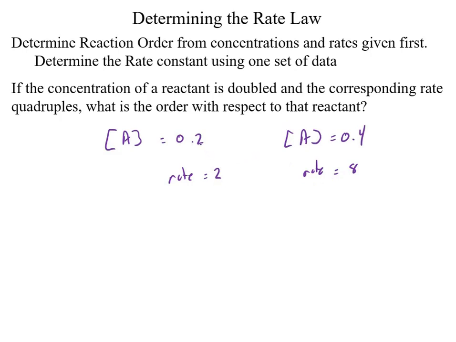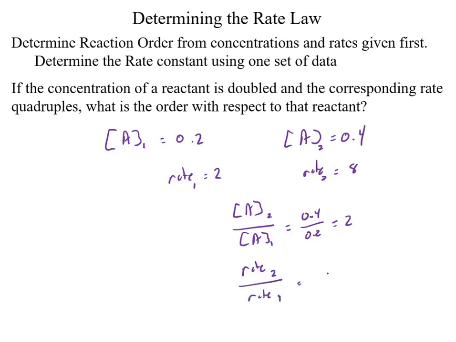Then basically what happened is that the concentration doubled. So, let's say A1 and A2, rate 1 and rate 2. The concentration of A2 over A1 is 0.4 divided by 0.2, so that doubled, versus the rate 2 over rate 1, which is 8 divided by 2 and gives me 4. Okay.